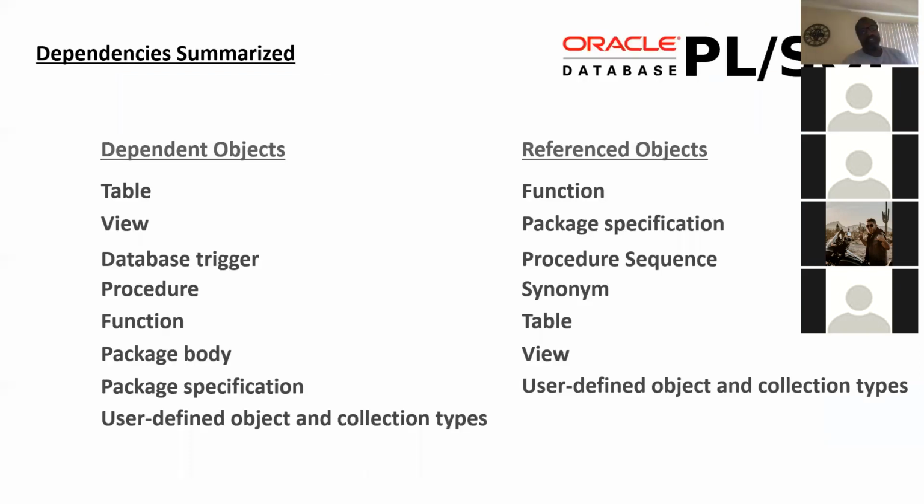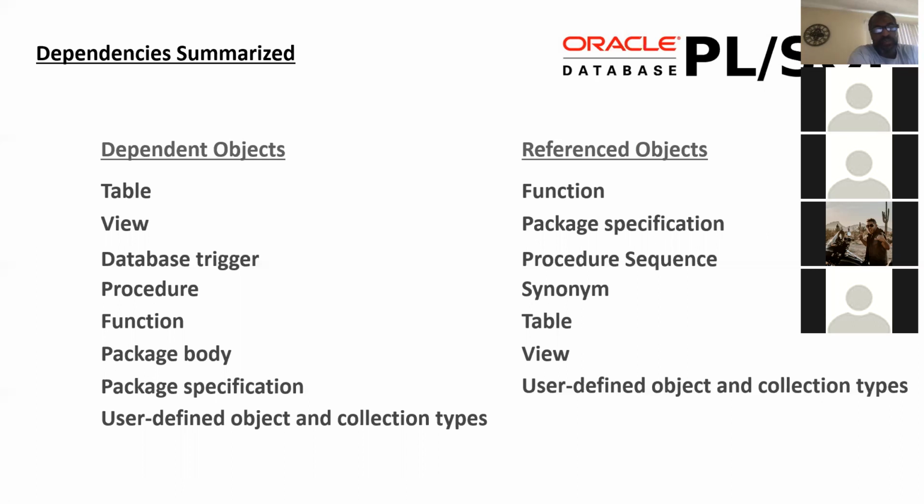So dependencies can be summarized in two types of objects. You have your dependent object and your referenced object. Tables, views, triggers, procedures, functions, package body, package specification, and user-defined object or collection types are dependent objects, which means that these objects will be referenced by something else, and they will report a valid or invalid status before the programs or subprograms can be run.